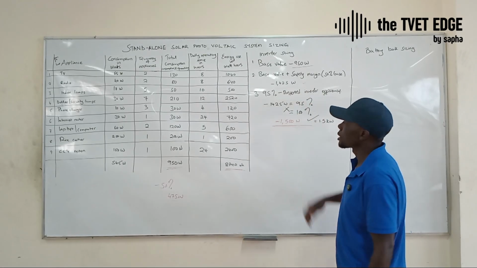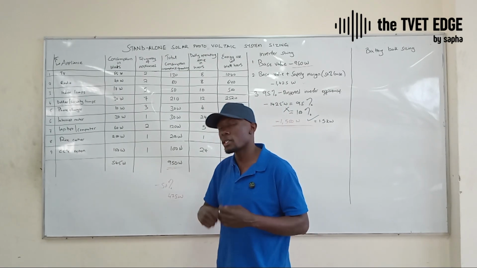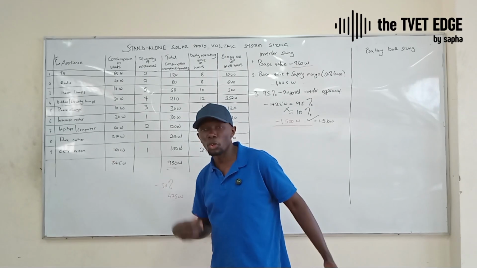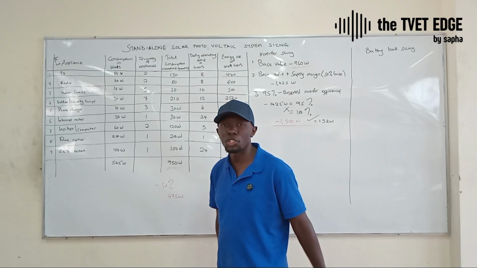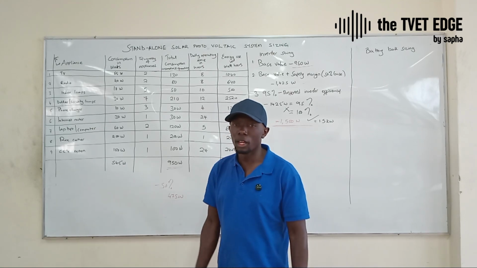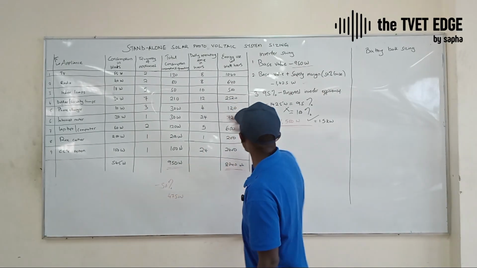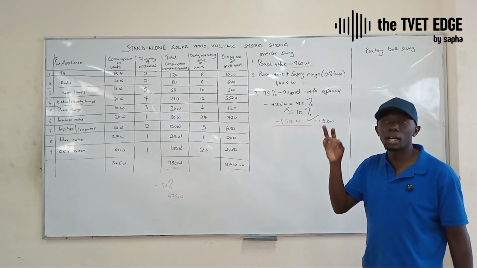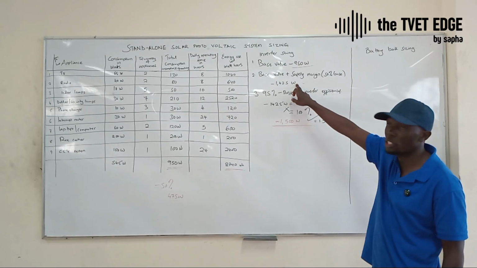This is to ensure that in case the client missed or you missed a component, or something else happens, immediately you finish installing, probably the client will call his friends to come and see his solar system. They'll want to watch TV for some more extra hours, and those friends will want to charge their phones. You have to cater for that safety margin. So you write it and make sure that your examiner, invigilator, or whoever is looking at your work knows how you've approached this value.